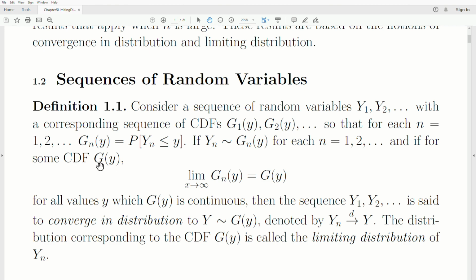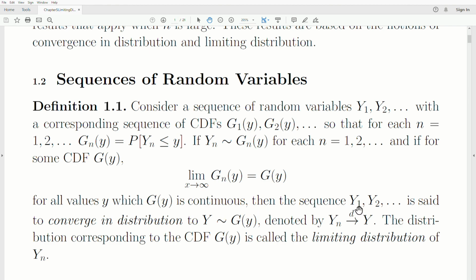capital G(y), notice that this capital G does not depend upon n. The limiting distribution of our sequence of CDFs equals this G(y), for all values y at which G is continuous. Now note this here, it's going to come back when y is continuous.